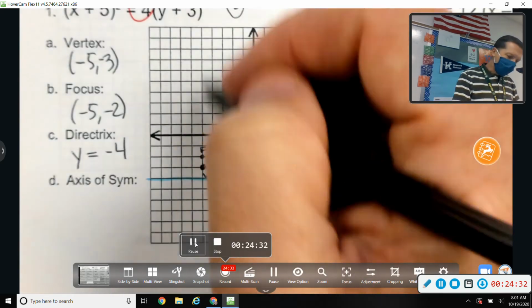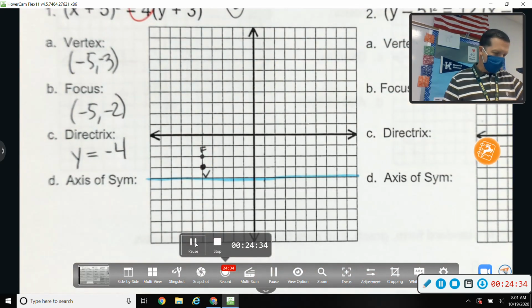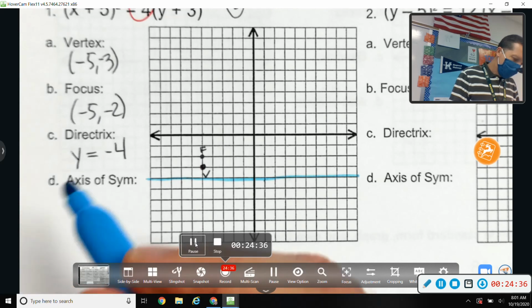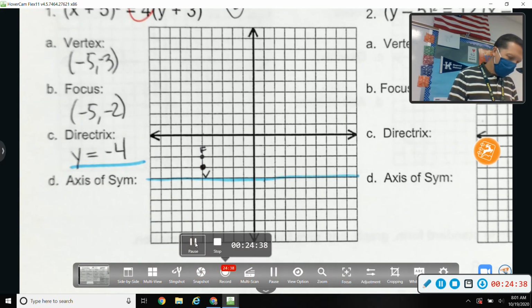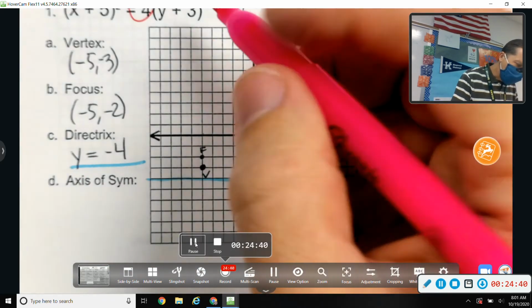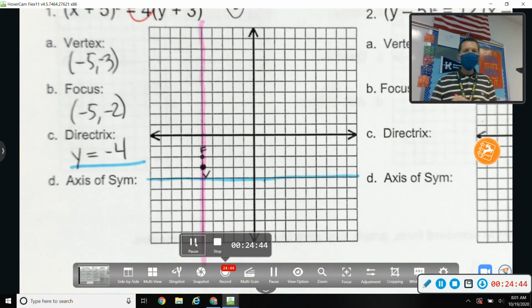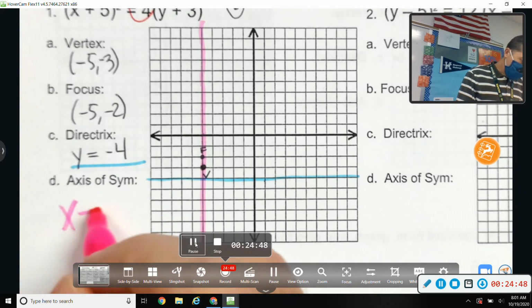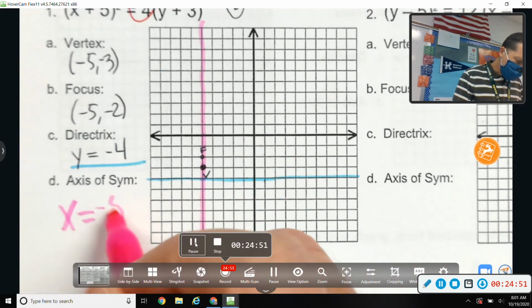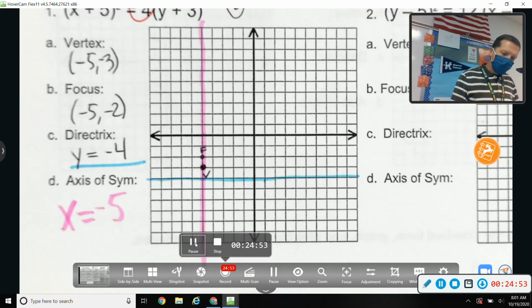The axis of symmetry is the easy part here, as long as you remember the y equals and x equals. If it's an up and down line, that's x equals something. So x equals -5. And then it doesn't ask for the focal width, but that's what I'll be checking.